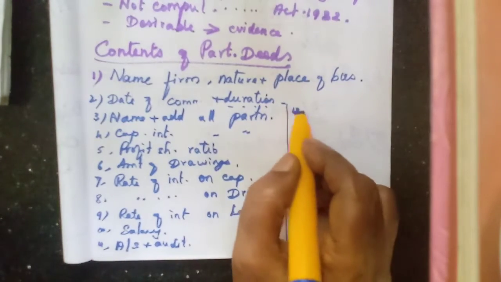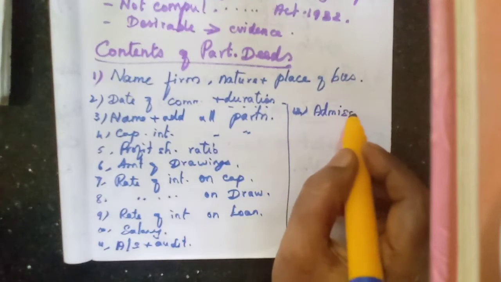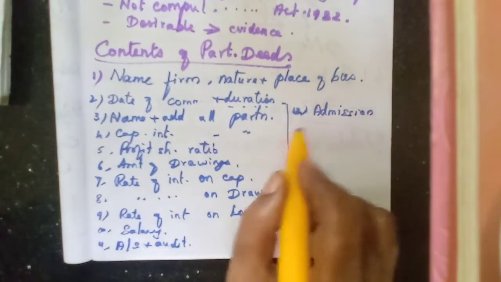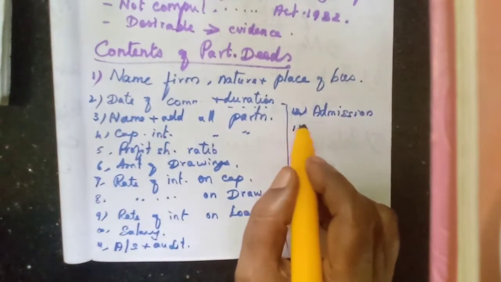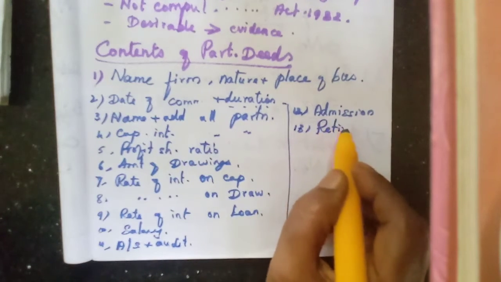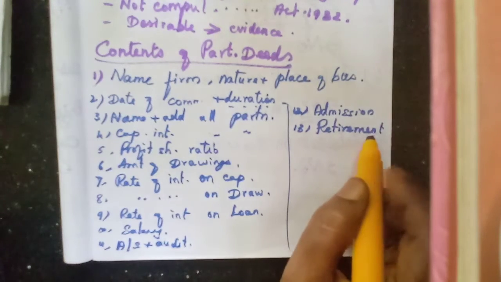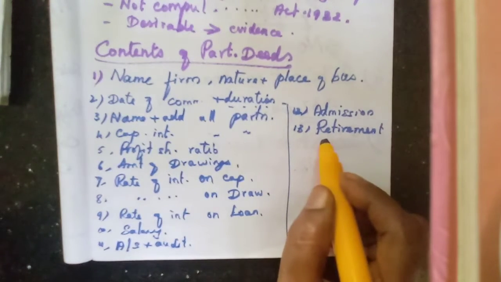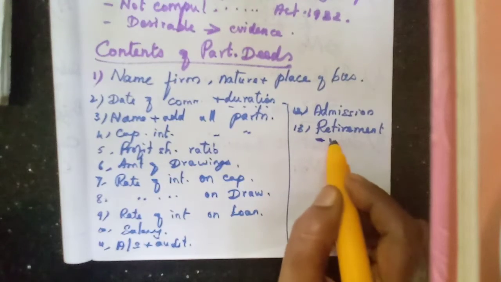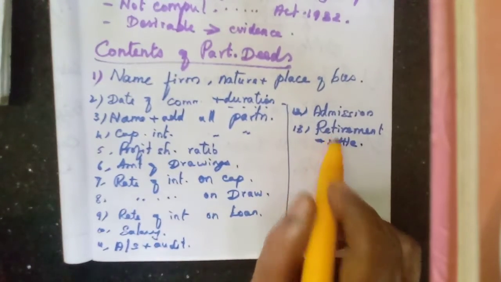Then related to admission of a partner, here we are going to learn admission as a separate chapter. Admission of a partner, then retirement of a partner: what are the procedures at the time of admission and at the time of retirement, and how they will settle the account of the retiring partner.